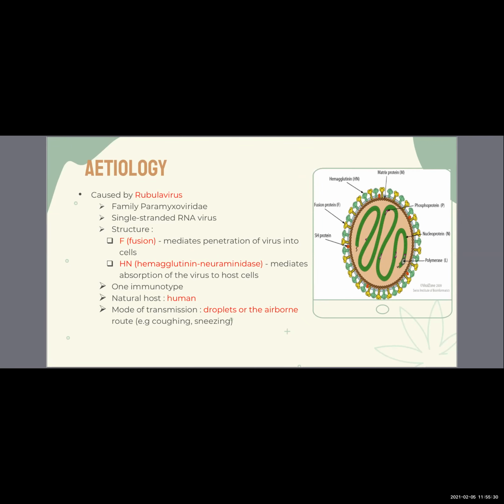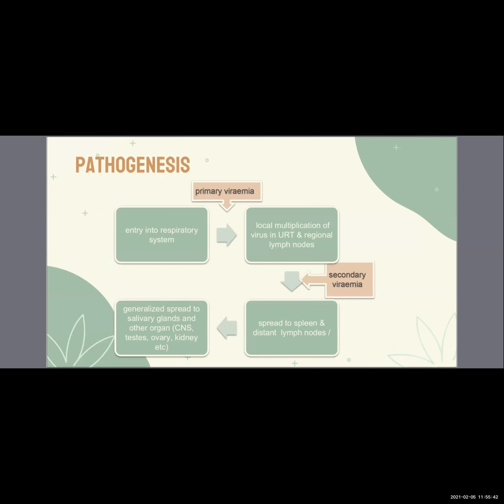The mode of transmission of this virus is through droplets or the airborne route, especially when coughing and sneezing, same as the measles virus. And the pathogenesis of mumps virus is almost similar to measles virus, where when the virus enters our respiratory system, it will multiply locally in the upper respiratory tract and regional lymph nodes, which is when the primary viremia occurs.